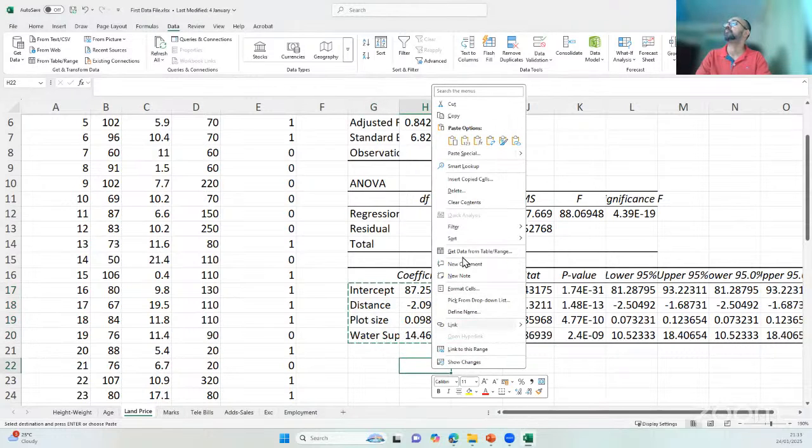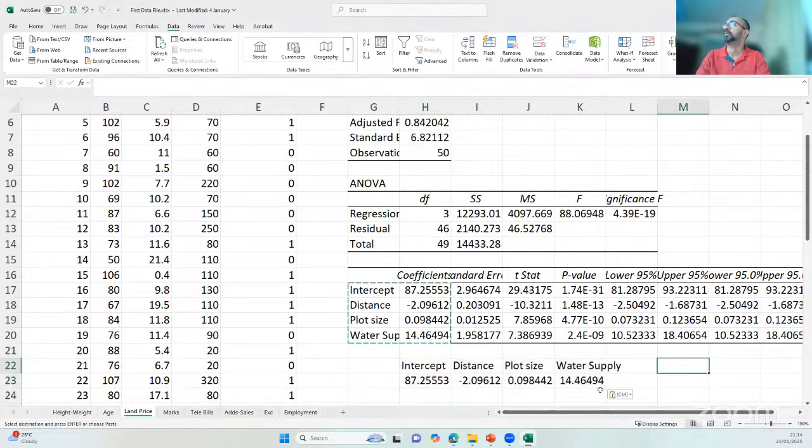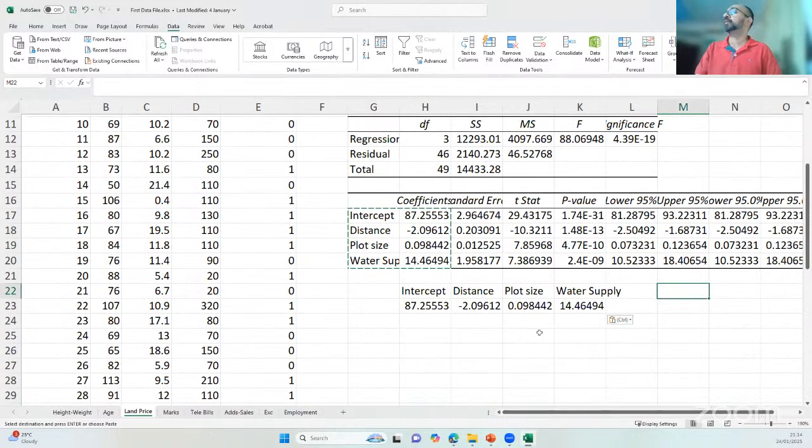Clarity. Special. So it's more like an equation.